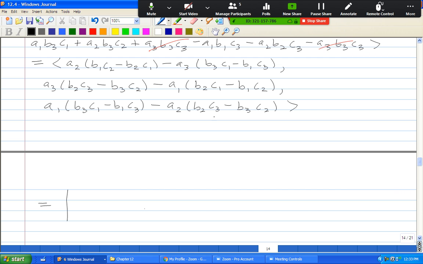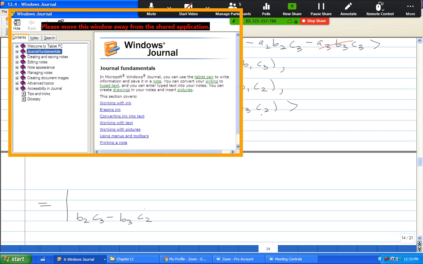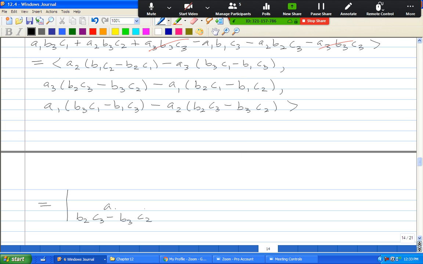So this is going to be B2 C3 minus B3 C2, and then that's going to be an A1 I. And then I have a J. So that's going to be B3 C1 minus B1 C3, and then I have here a K. A3. And so that's B1 C2 minus B2 C1.